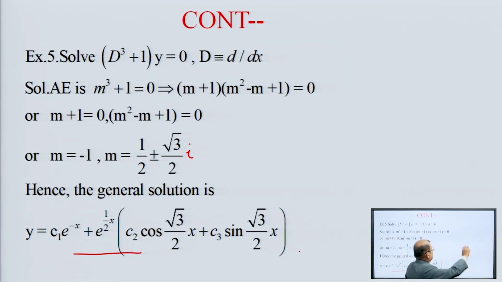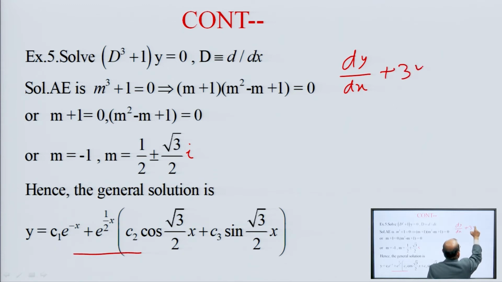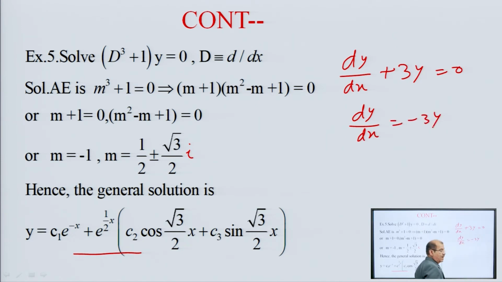It is the solution. Here suppose we have dy by dx plus thrice y is equal to 0, means dy by dx is equal to minus 3y, means variables are separable, means dy by y is equal to minus 3 dx.